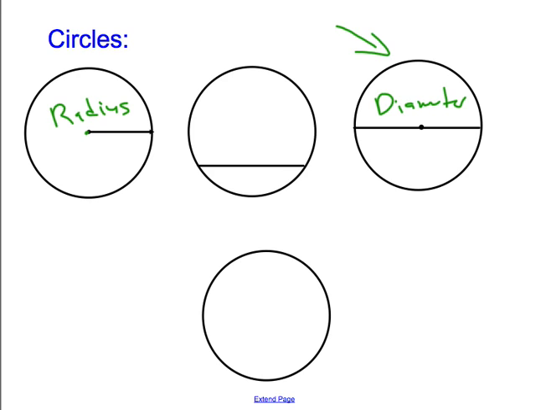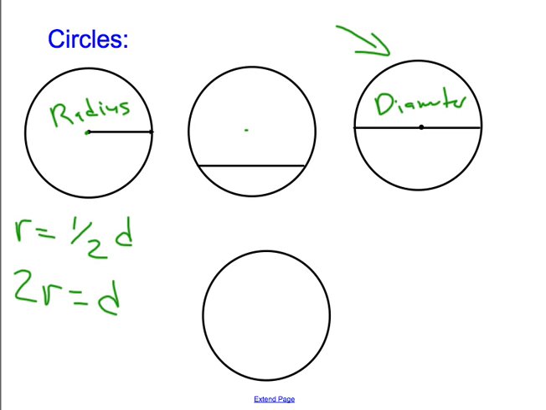And there's a relationship between the diameter and the radius in length. The radius is equal to 1/2 the diameter, or 2 radiuses is equal to the diameter. The radius is half the diameter, or the diameter is twice as long as the radius. You can say that either way.